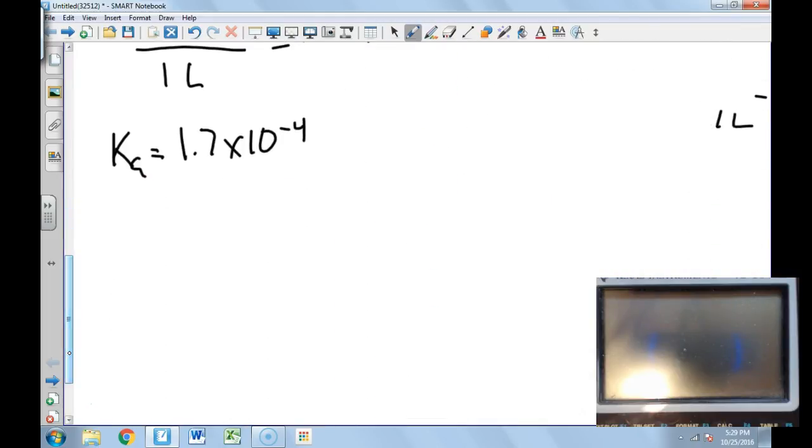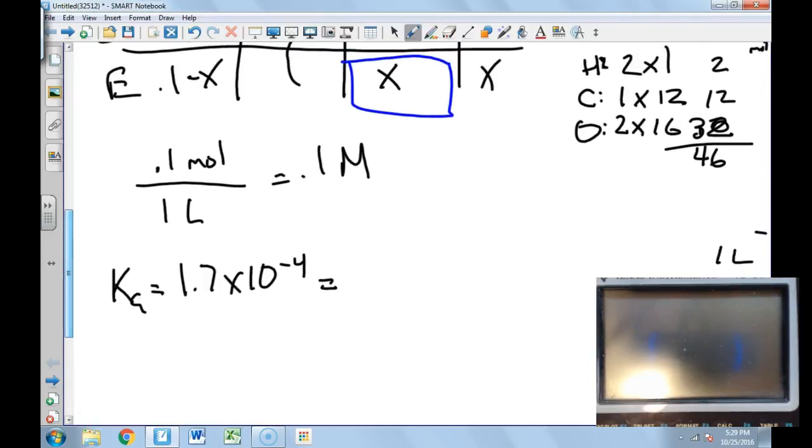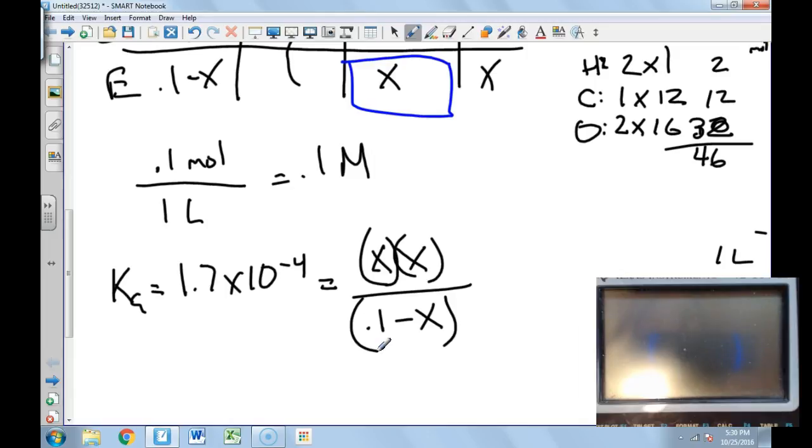And that equals products, which is x over 0.1 minus x. So we're going to use the 5% rule. By doing the 5% rule, we can get rid of that, and now we can solve this for x.